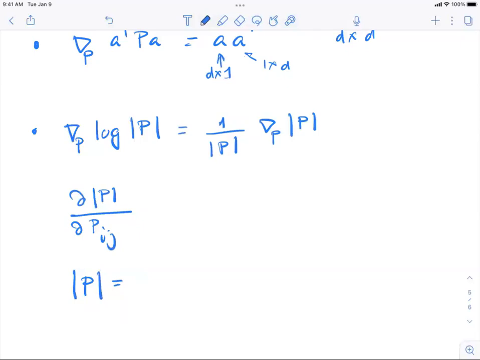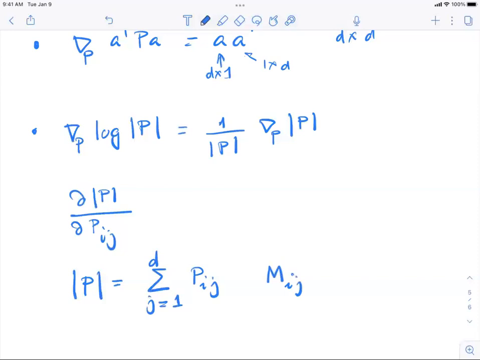Basically, one way to compute the determinant of P is to look at the jth column, expand it along there, and look at the ith row there. So the entry is P_ij. I'll delete the ith row and the jth column and get a smaller matrix, and take the determinant of that. That is the so-called minor.